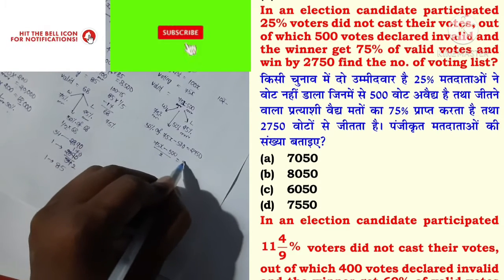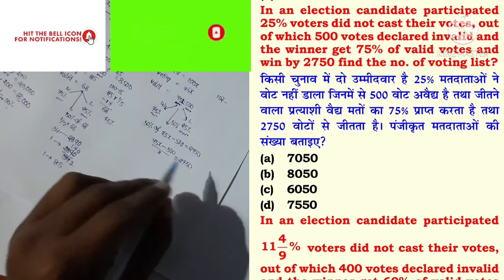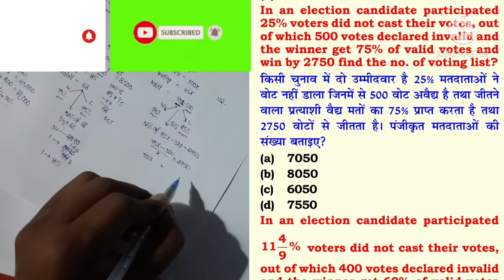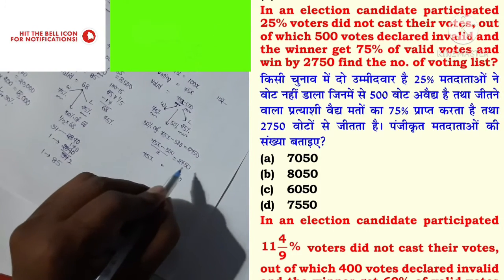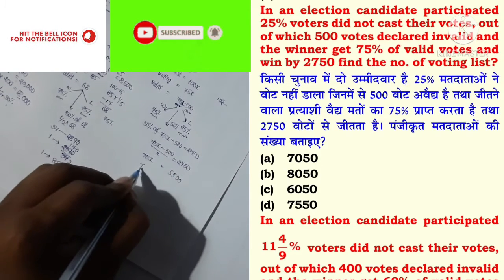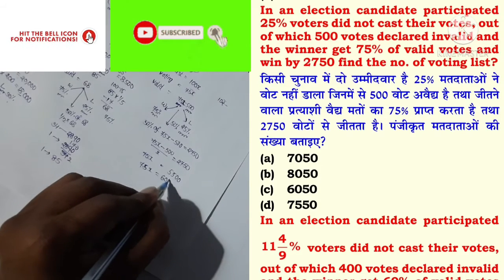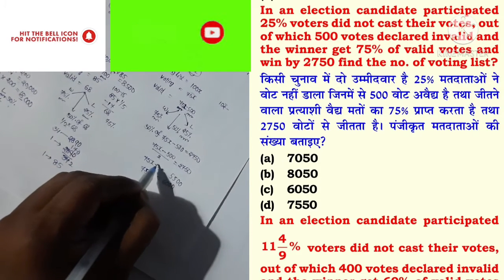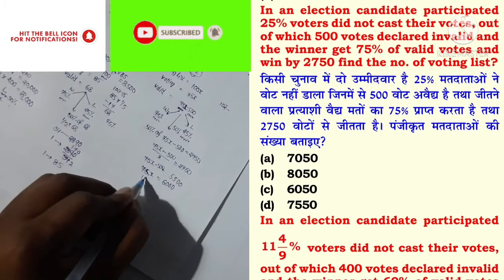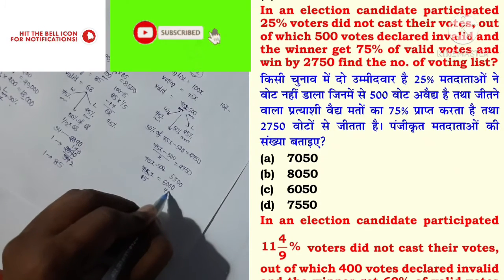So the value is equal to 2750. Multiply this, 75x minus 500 is equal to 5500. So 75x is equal to 5500 plus 500, 6000.